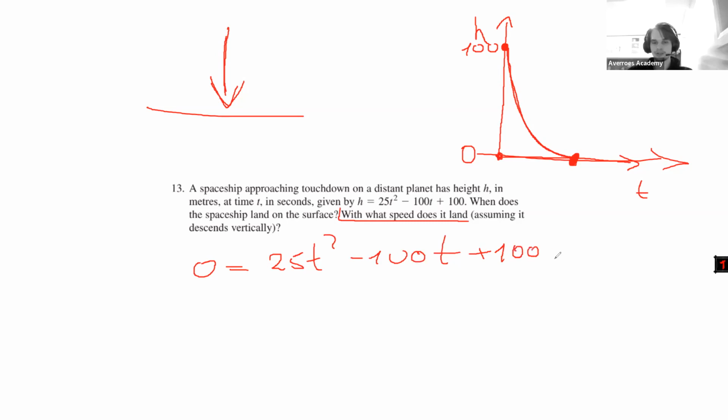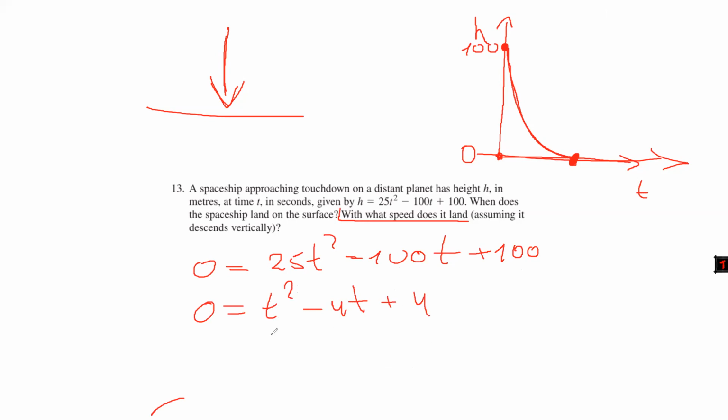Last week I remember you showed some good methods like the discriminant. First of all, what would you do in this case? I would simplify it definitely. I would factor out 25. Yep, so it's going to be like that.